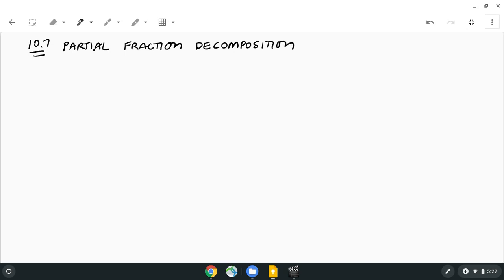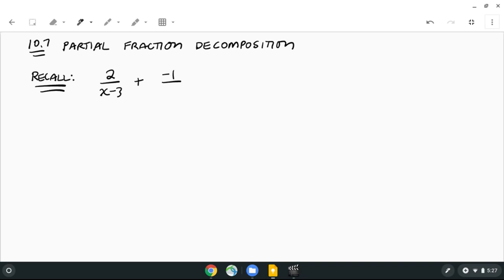Okay, so let's recall adding rational functions from earlier. I think test 1 covered it, where you had something like 2 over x minus 3, and you had to add -1 over x plus 2. Do you remember doing this? You have to find the LCD.